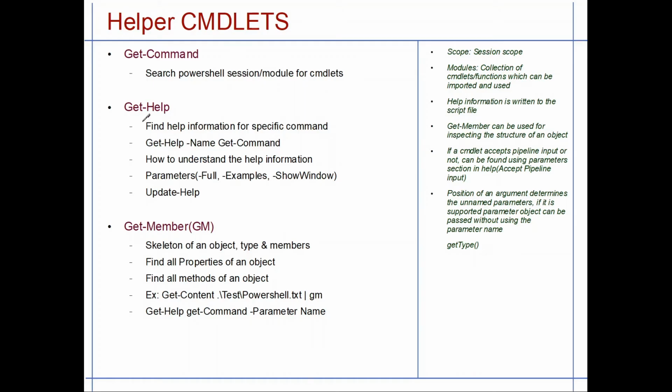The next command we are going to look at is the get help command. The get help command can be used to find help information related to a specific commandlet. Let's see how we can use it. You have to use the syntax get help and then the parameter name, and you can type a command name regarding which you want the help information to be displayed.